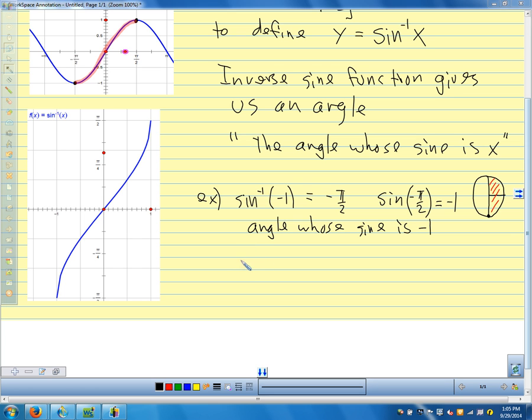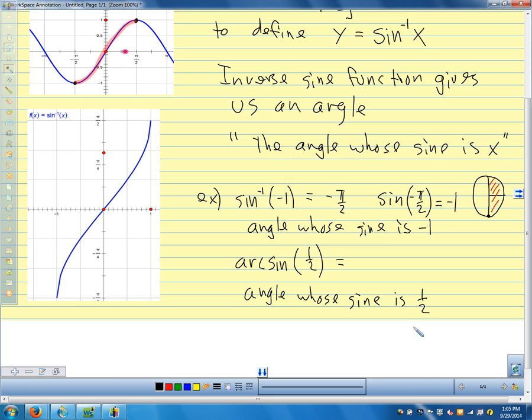The other way you'll see this written is arc sine. Arc sine and inverse sine are the same thing. Arc sine of 1/2. So this is asking what angle has a sine of 1/2? What angle between negative pi over 2 and pi over 2 gives us a sine of 1/2? 1/2 is the small side of our 30, 60, 90 triangle.